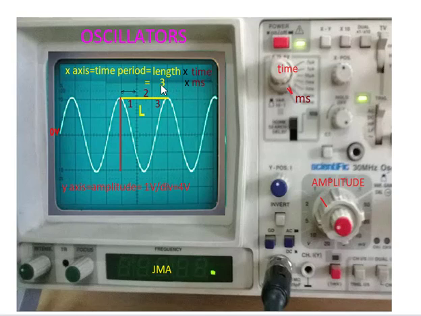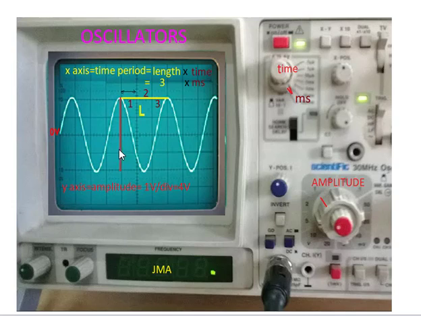So the length is 3. How is the time determined? Here the time knob of the cathode ray oscilloscope is in millisecond mode. So, 3 into 10 power minus 3 second.